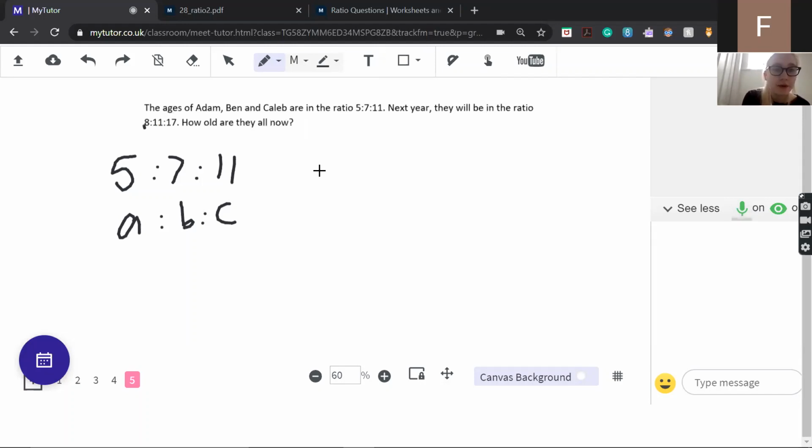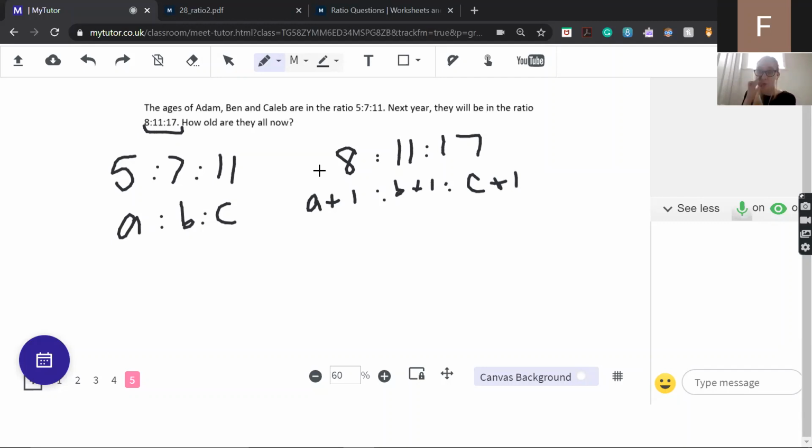And then this is what we're trying to find out eventually, if that makes sense. So there are a couple of ways I can see to do this. One thing to do would be to express this ratio in the form A plus 1 to B plus 1 to C plus 1, right? Because they're all going to have aged 1 year.